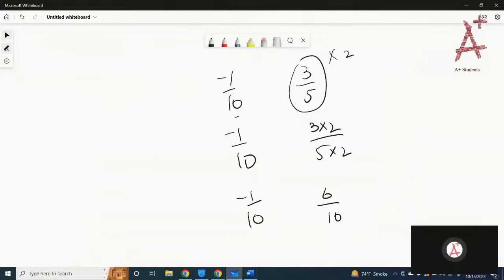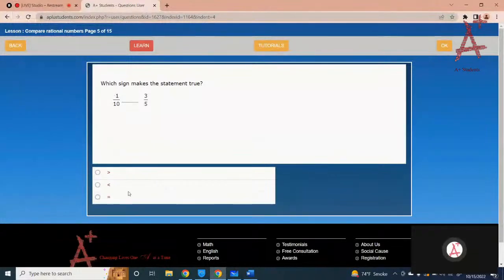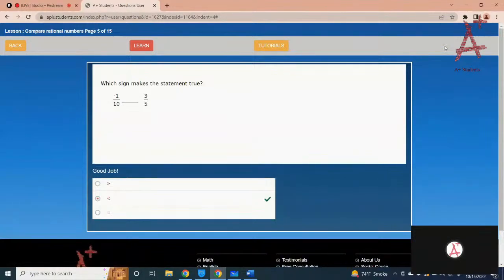But you have negative 1 by 10. So negative numbers are always smaller than the positive numbers. That means negative 1 by 10 is less than 3 by 5. Got it? Select the correct option and click on the OK button.